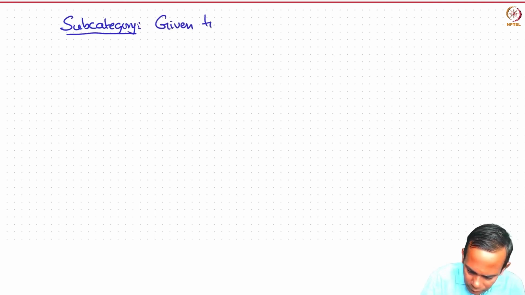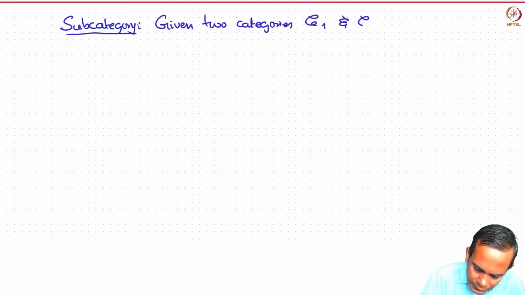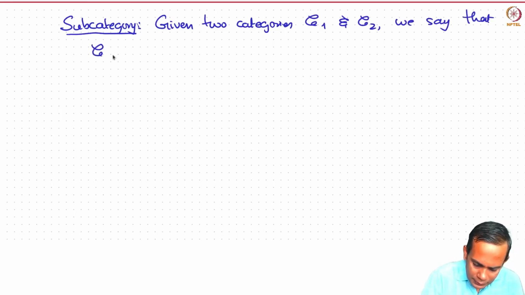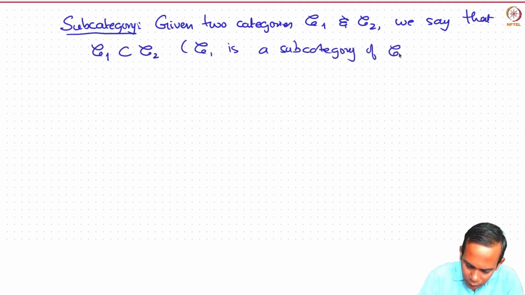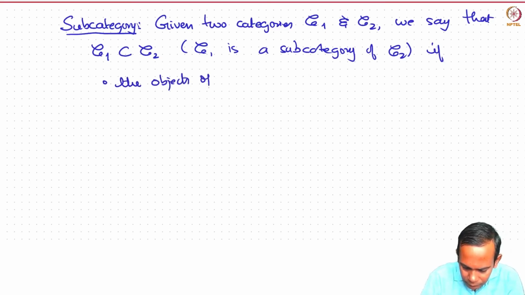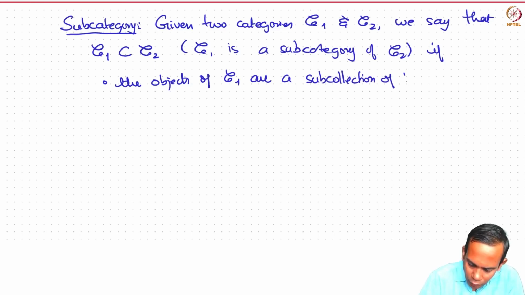Given two categories C1 and C2, we say that C1 is a subcategory of C2, and we just use the subset notation for this, if the objects of C1 are a subcollection of the objects of C2.